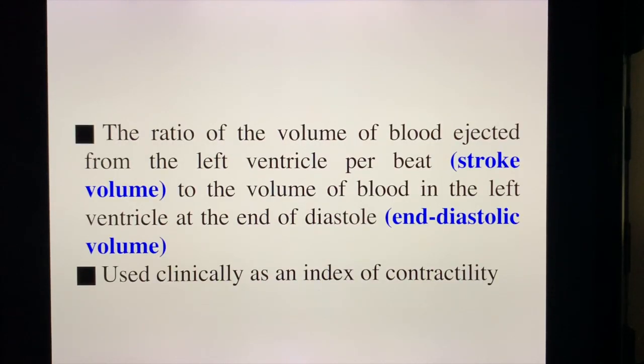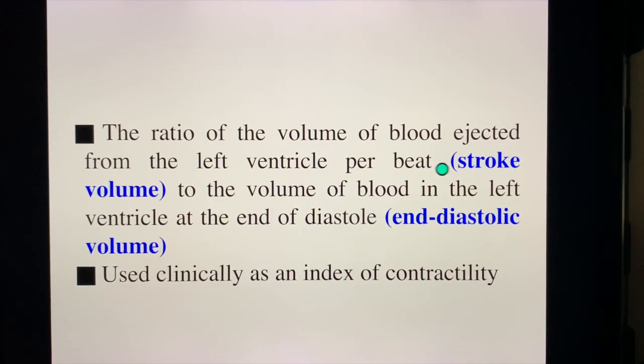Now, the ratio of the volume of blood ejected from the left ventricle per beat, this is your stroke volume, to the volume of blood in the left ventricle at the end of diastole, this is your end diastolic volume.